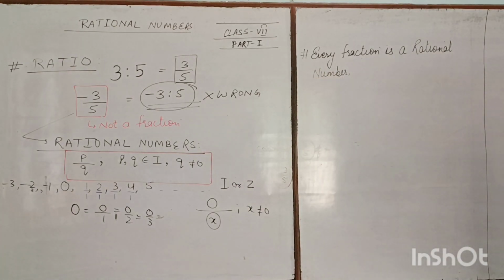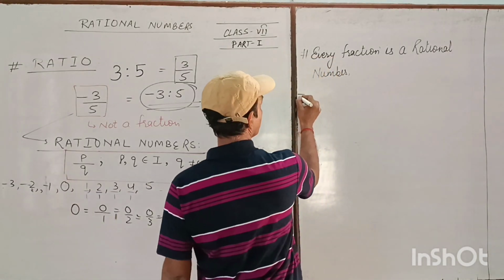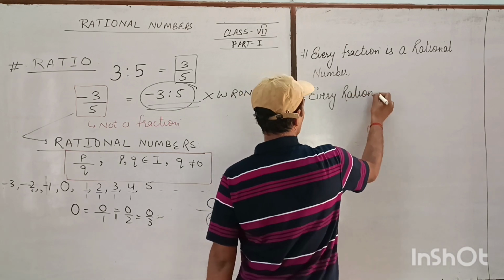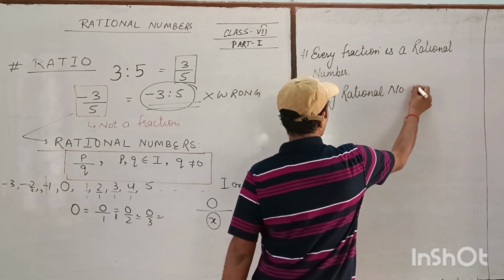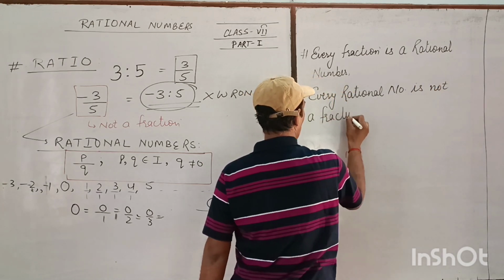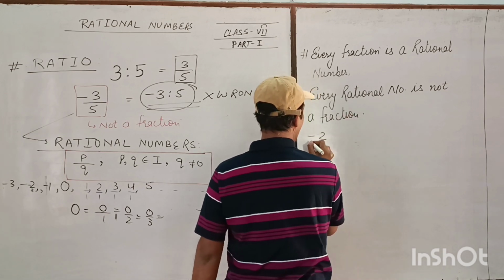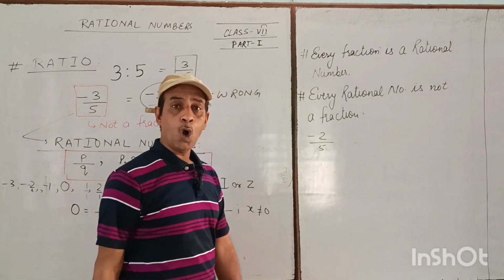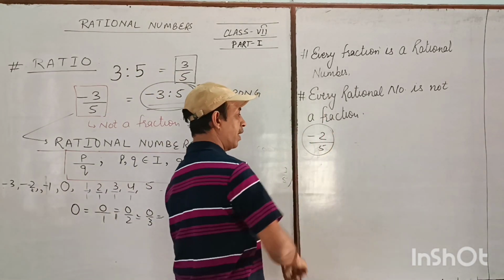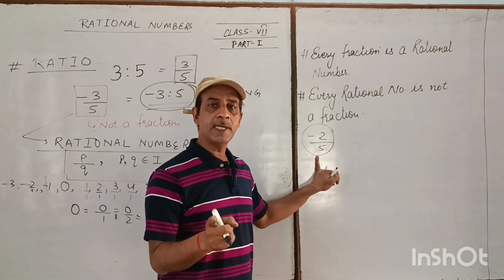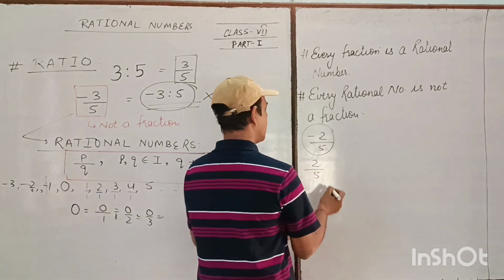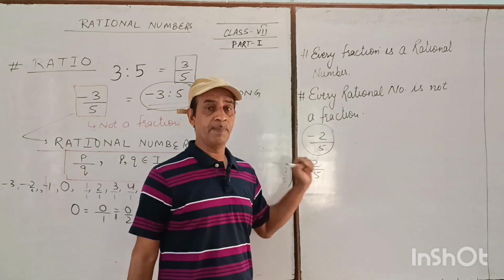But every rational number is not a fraction, because in the case of a fraction, you cannot have the numerator or denominator as 0. Minus 2 upon 5 is a rational number, but it is not a fraction. 2 upon 5, if you take, is a fraction as well as a rational number.